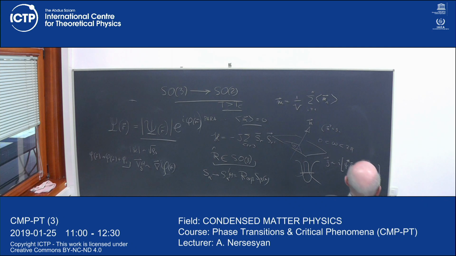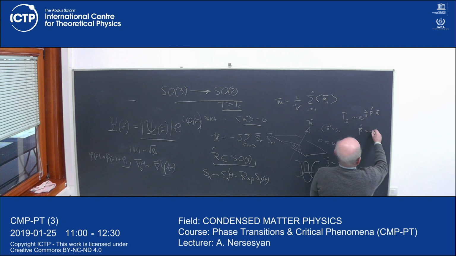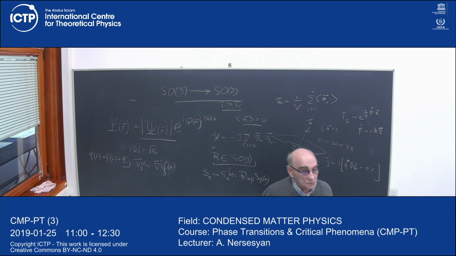In fact, if you build up the operator of translation by a vector A, it would look like plus or minus, depending on the convention, the momentum operator times A. So the momentum operator P, which is minus i h-bar times the gradient operator, is just the generator of translations.